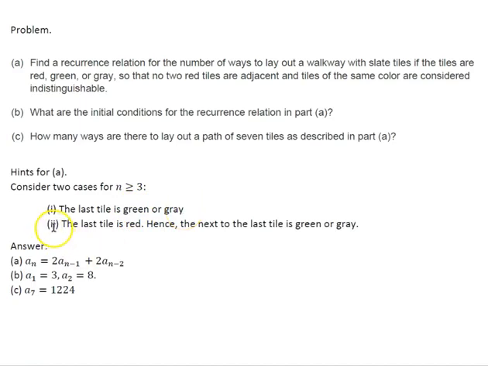In the second case, consider the case when the last tile is red. The next to the last tile cannot be red, so it is either green or gray. And here we again have two subcases.